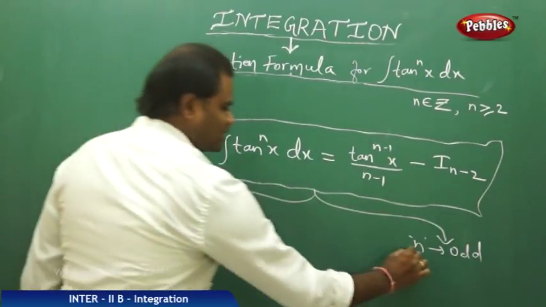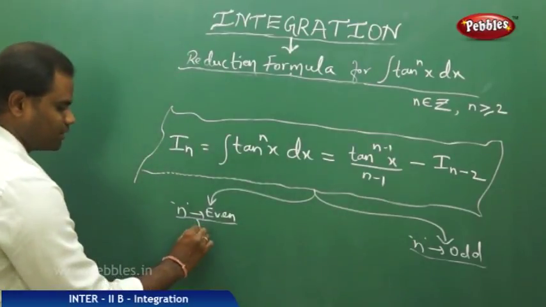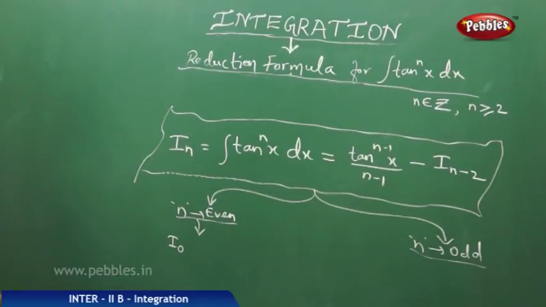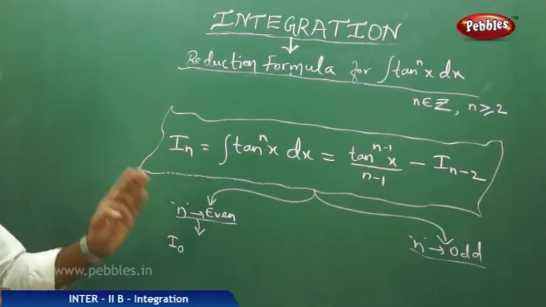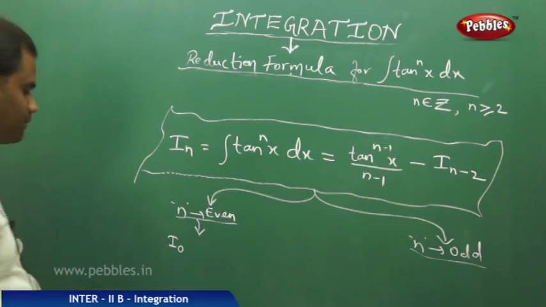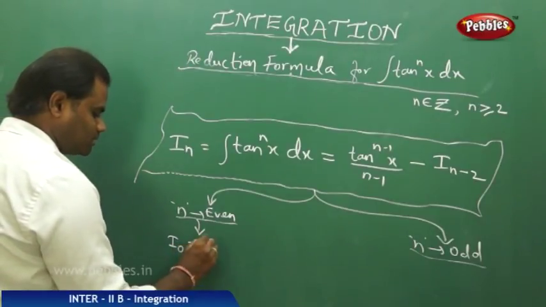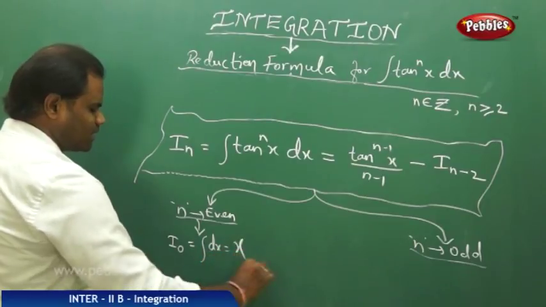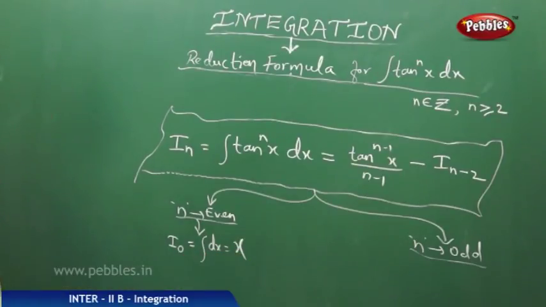If n is even, my last reduction reduces to I naught because 6, 4, 2, 0, etc. And this will be integral of tan power 0 x dx, which is x. So I get I naught is this.